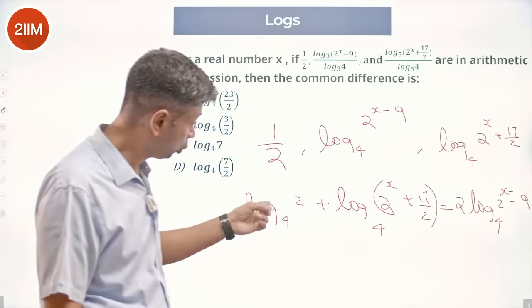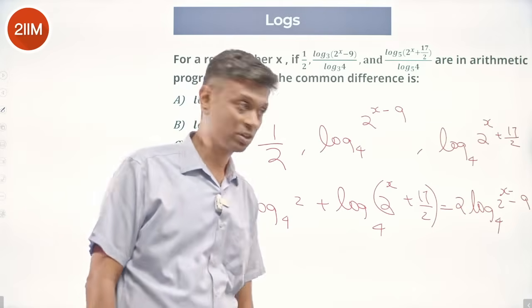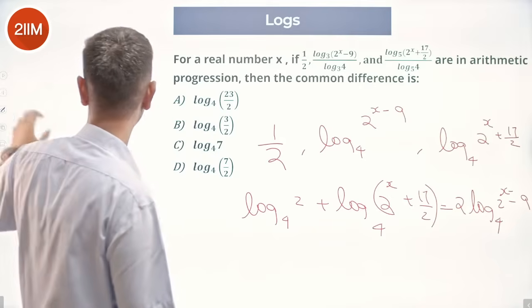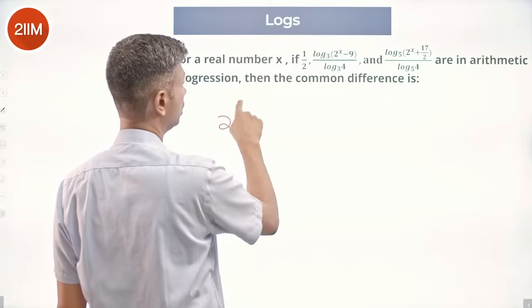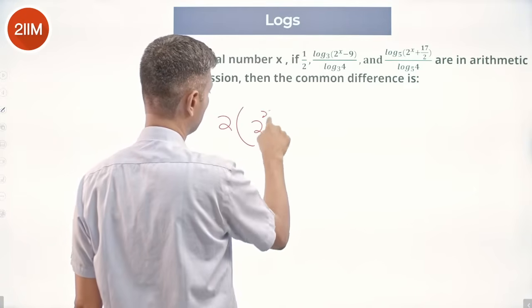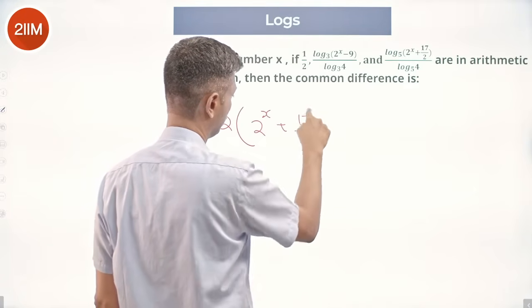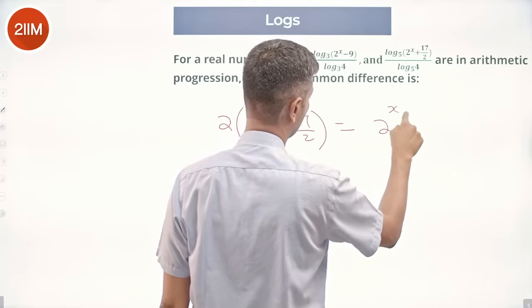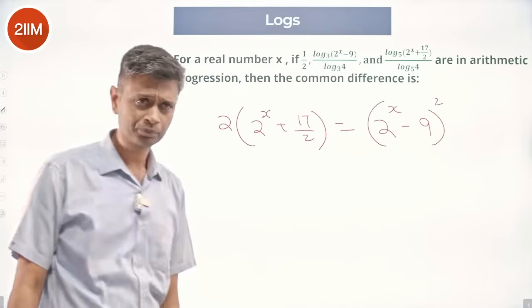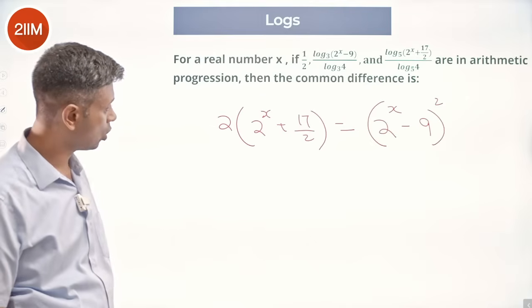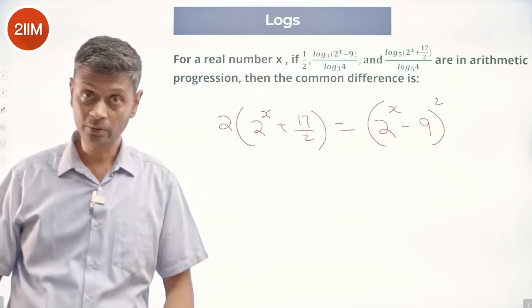So 2 into 2^x plus 17/2 equals 2^x minus 9 the whole square. I'm going to call 2^x as y.